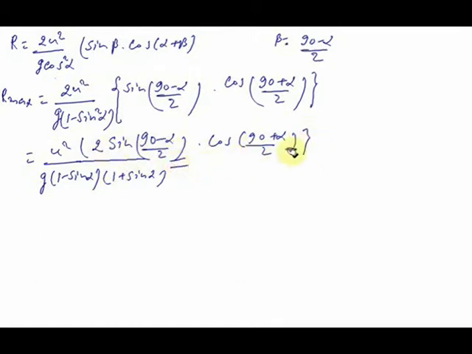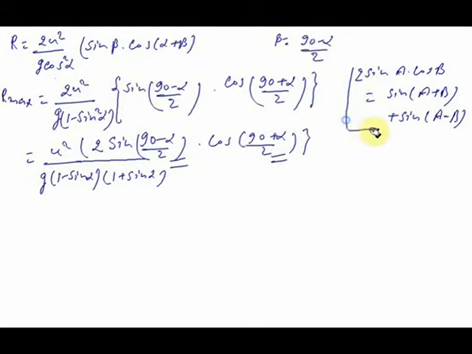Now suppose this angle is A and this angle is B, so 2 sine A into cos B can be written as sine A plus B plus sine A minus B. This is a trigonometrical identity. So if we apply this identity here, we'll get u square by g into 1 minus sine alpha into 1 plus sine alpha.